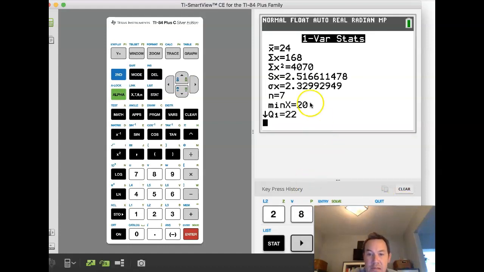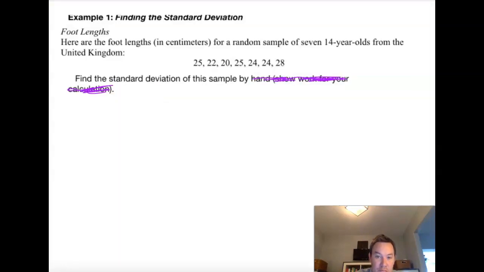All right, so we see here my standard deviation is about 2.52. I'll say S sub x is approximately 2.52 centimeters.